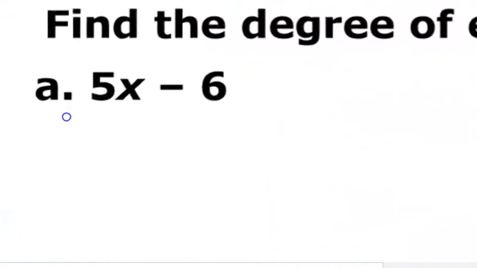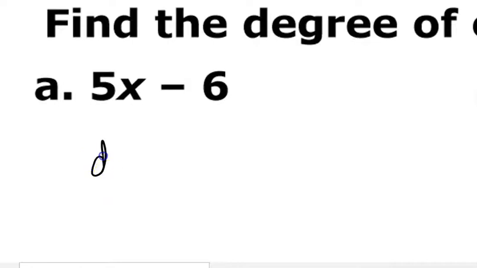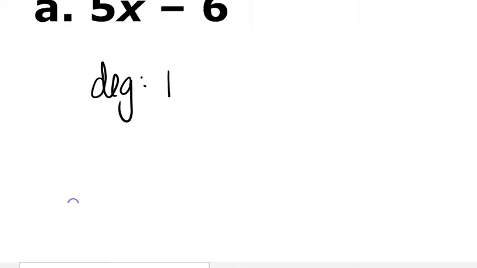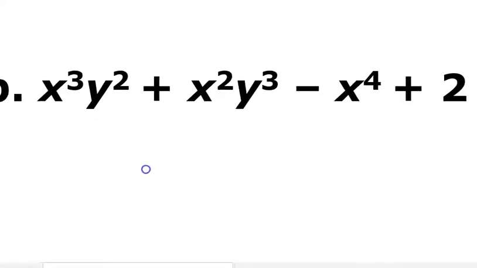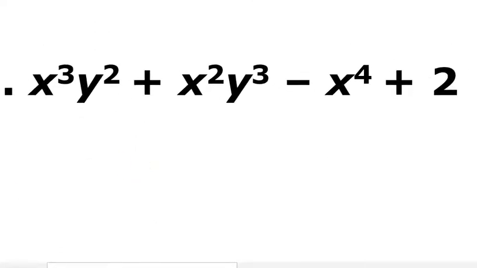Okay, let's look at this one. This has a degree of 1 because you have x to the 1st. 6 is just the degree of 0, so we just go with degree of 1. Ooh, this one has a lot to it. So find the degree of each part, figure out which is the biggest. This has a degree of 5. We add those up.